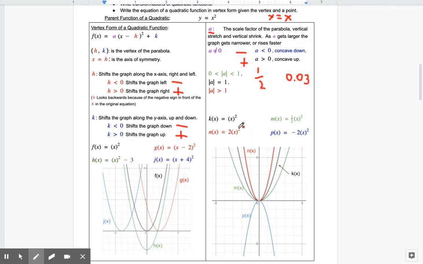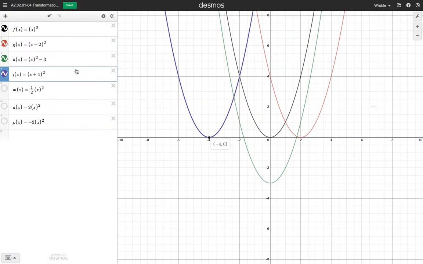For the other one, for n of x equals 2x squared, what that does is that makes the graph rise faster. So we go over 1, up 2 for the parent function, or we go over 1, up 2 for n of x. And we can take a look at that on the graph.